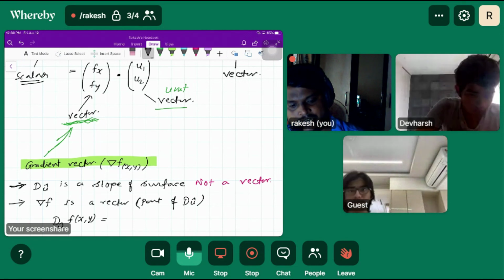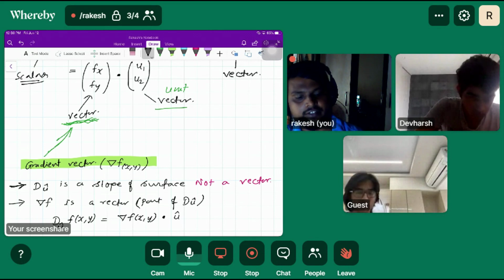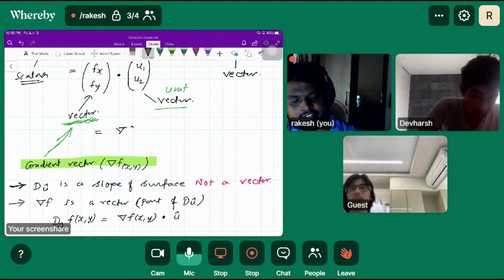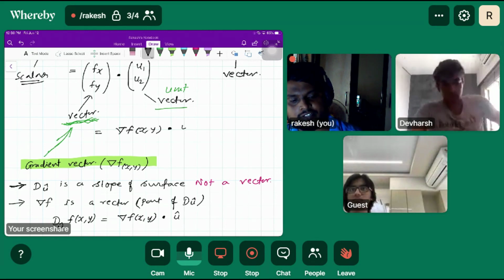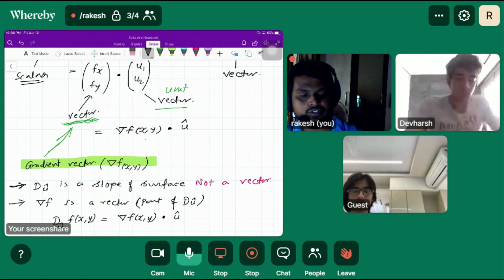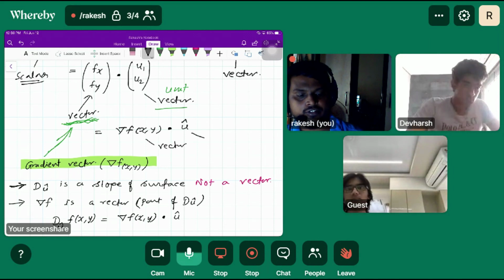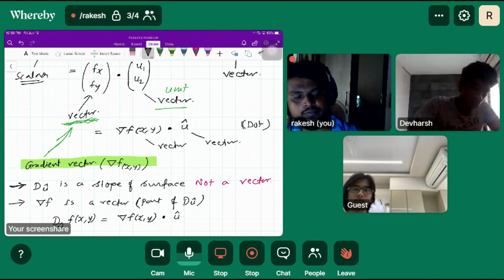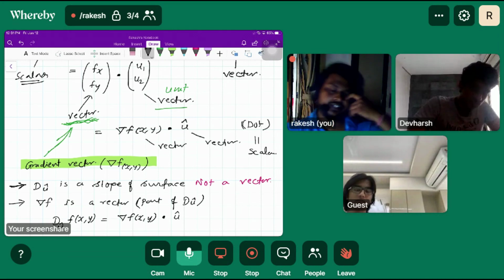That is the same as del f of x comma y dot u cap. This is also a vector. We are doing a dot product, and we are getting a scalar quantity. Are you getting this?